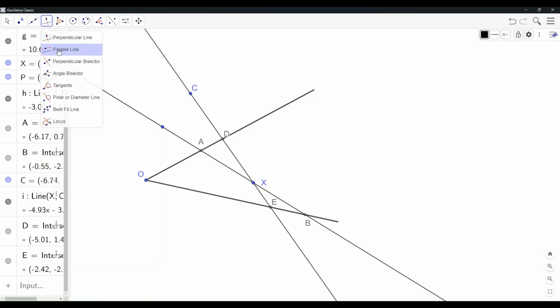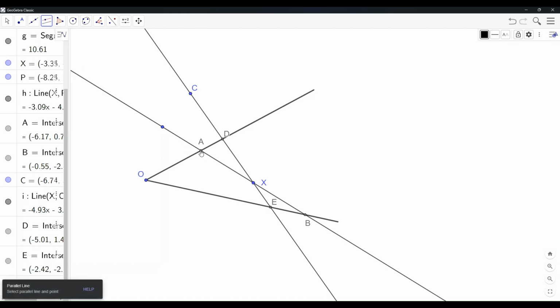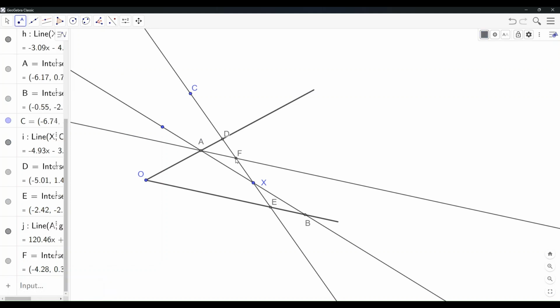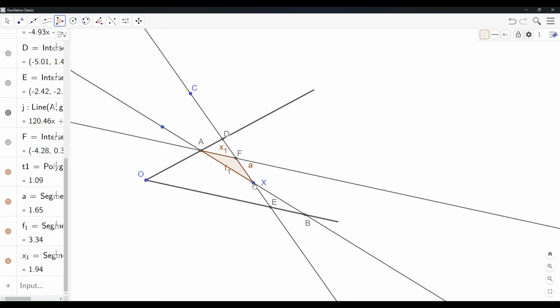We draw a line from A parallel to OB, and the intersection with the second line is a point F. It's very easy to see triangle XAF and the triangle XEB are congruent because X is the midpoint of AB and the lines are parallel.